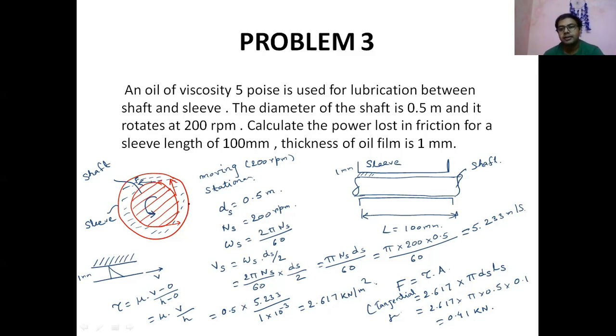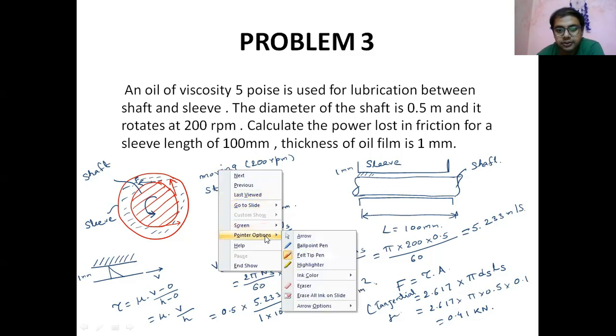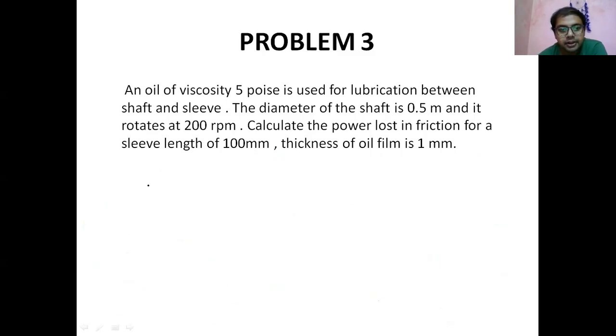And what is the moment? The force into the radius. That will give you the torque. The force value is 0.41. Because of the force, some torque will act here.